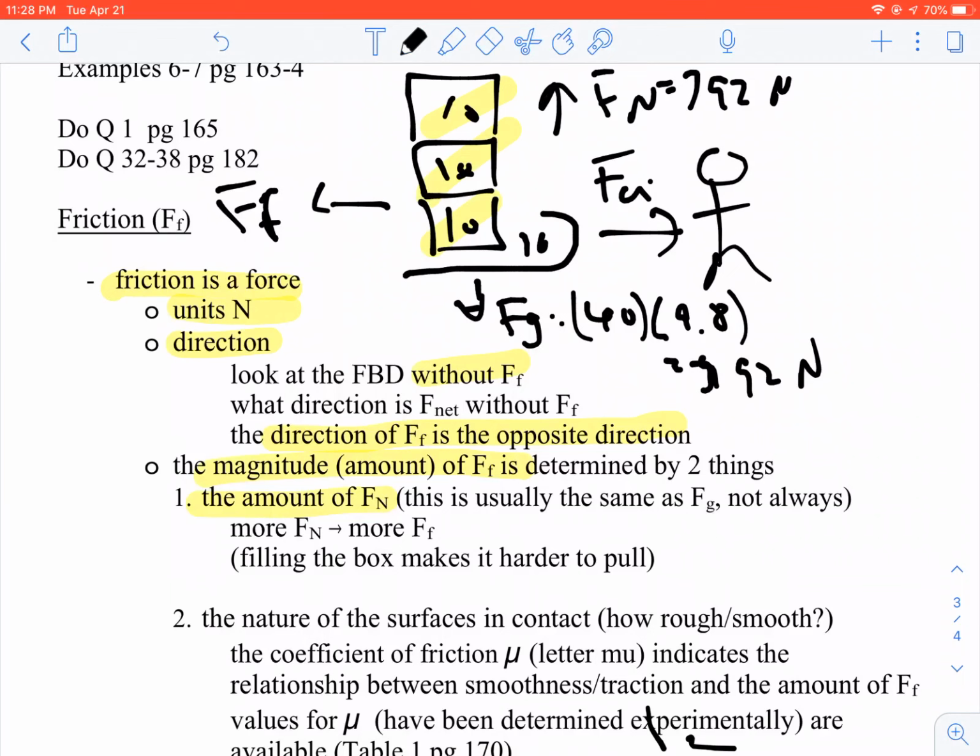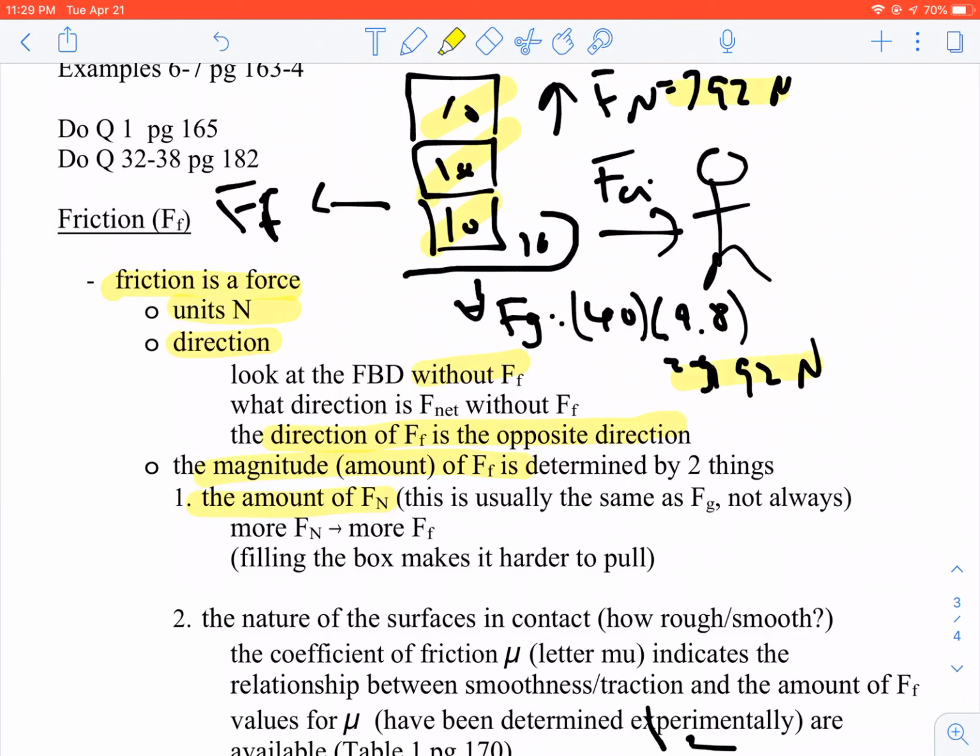If the planet's pulling down with 392, I know that the ice and the snow is pushing back up with 392. It's not this that creates friction, it is this that creates friction. Yeah, but they're the same thing. They are in this question, but as you're going to see, in a lot of situations, they are not the same.